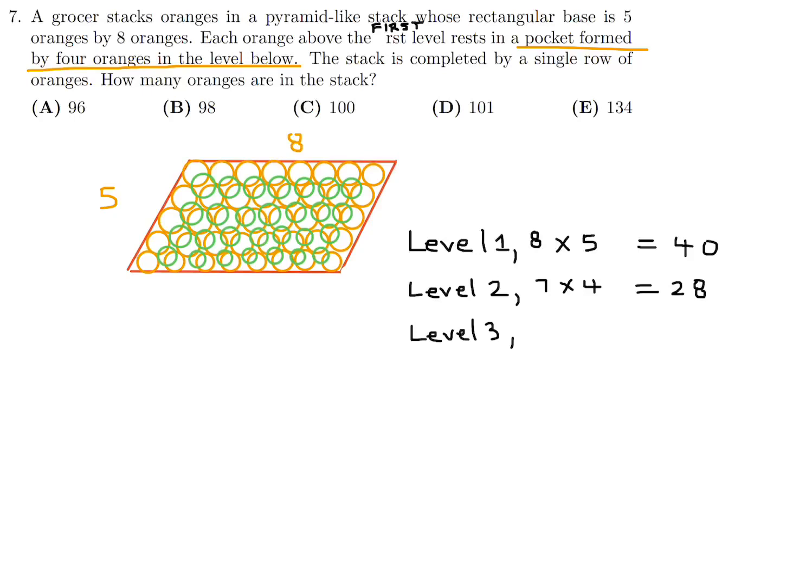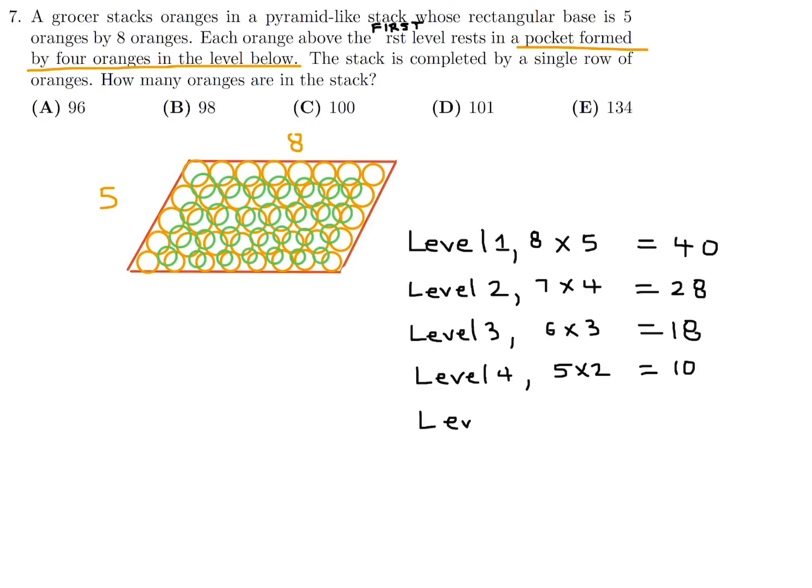It'll be 6 times 3. Because if you drew them exactly the same way, you'll see that there'll be 1 less in each row and 1 less in each column. And that is 18. Level 4 is going to be 5 times 2, which is 10.